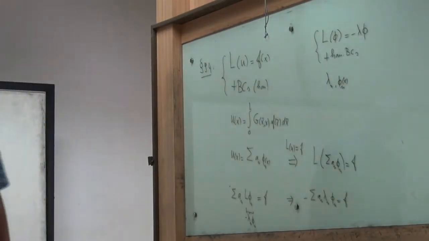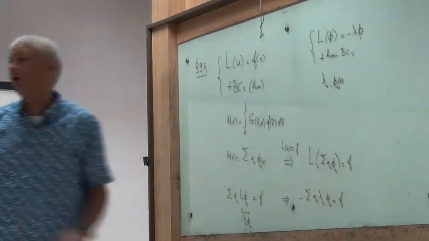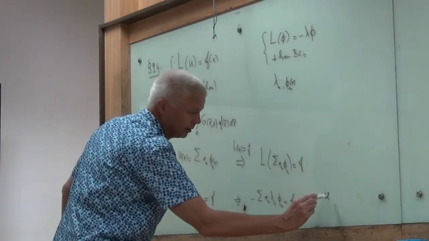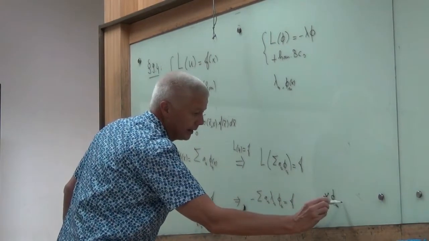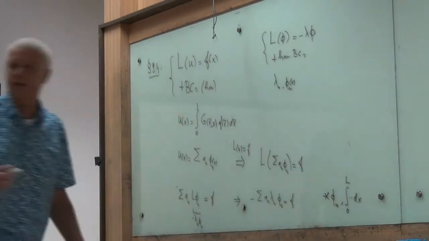And to do that, we know that our eigenfunctions are orthogonal. So we multiply this equation with phi_n, and then integrate over the interval that we are having, whatever that interval is.